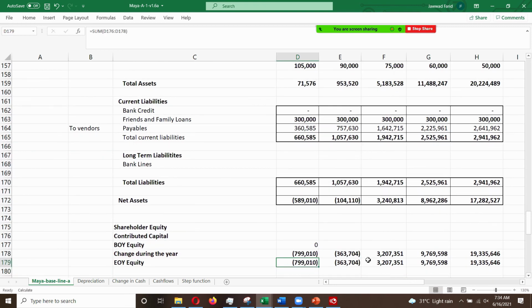It's going to be this plus D7, right? And then my opening balance is going to be this one. End of year is going to be this one. This is going to be this one. And then I scroll it across the board.